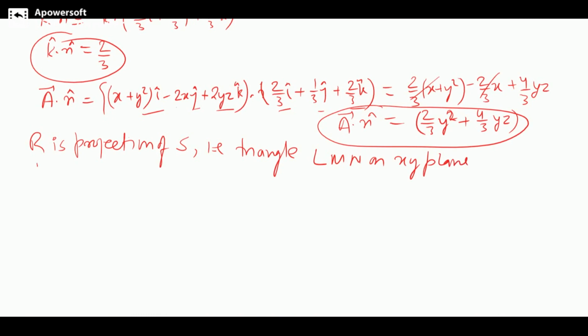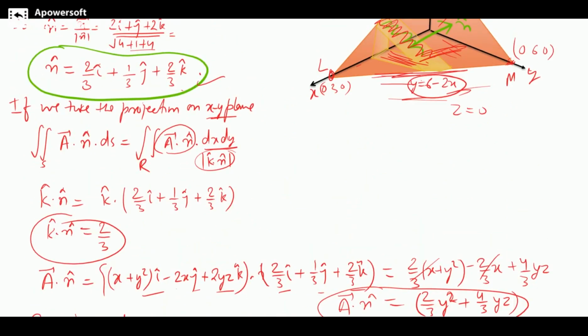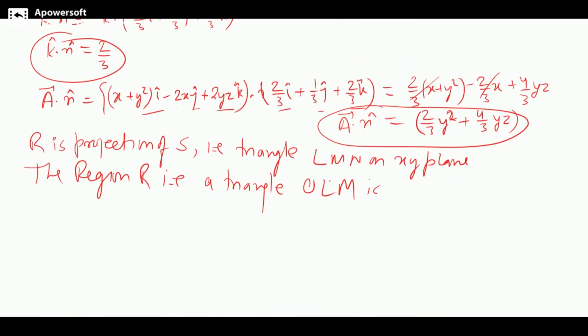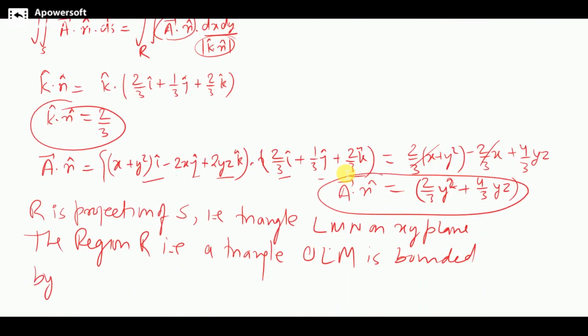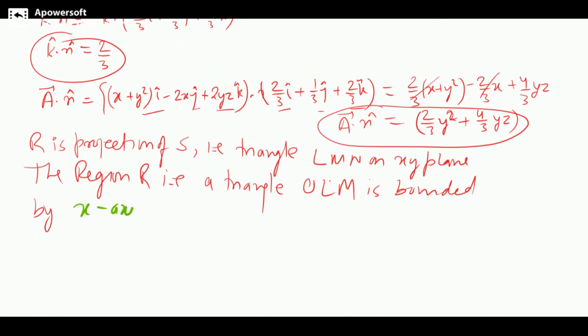The region R is bounded by the x-axis, the y-axis, and the line y equal to 6 minus 2x, that is, the line 2x plus y equal to 6, where we take z equal to 0.